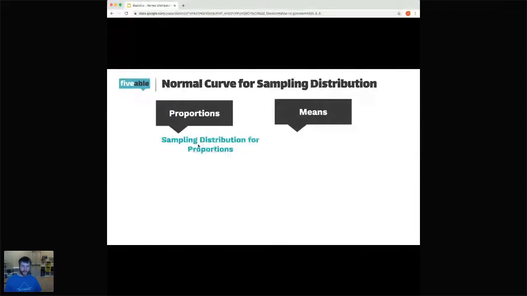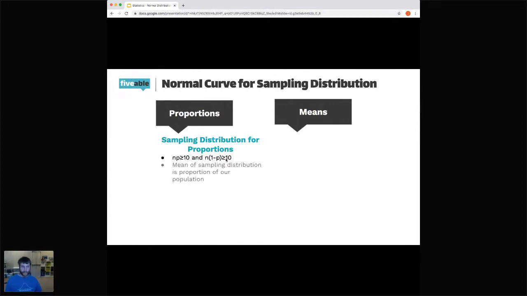So for a sampling distribution for proportions, this is the condition that you're going to check to make sure that your sampling distribution is going to be normal. You're going to make sure that the number of successes, n times p, where p is the proportion of whatever's going on and n is the sample size, is greater than or equal to 10. And also the number of failures is greater than or equal to 10.